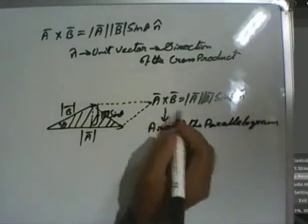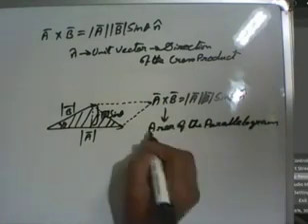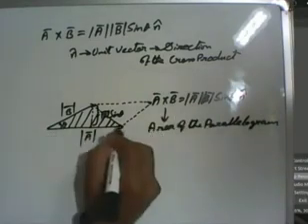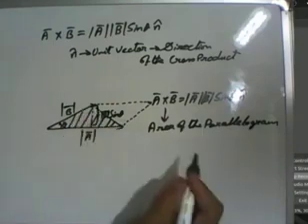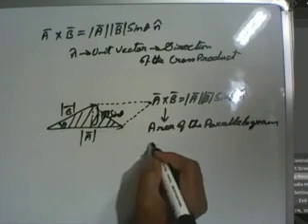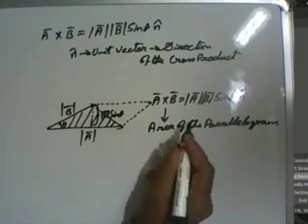The cross product of two vectors gives us the area of the parallelogram of which the two vectors A and B are the sides. This is the physical significance of the cross product of two vectors.